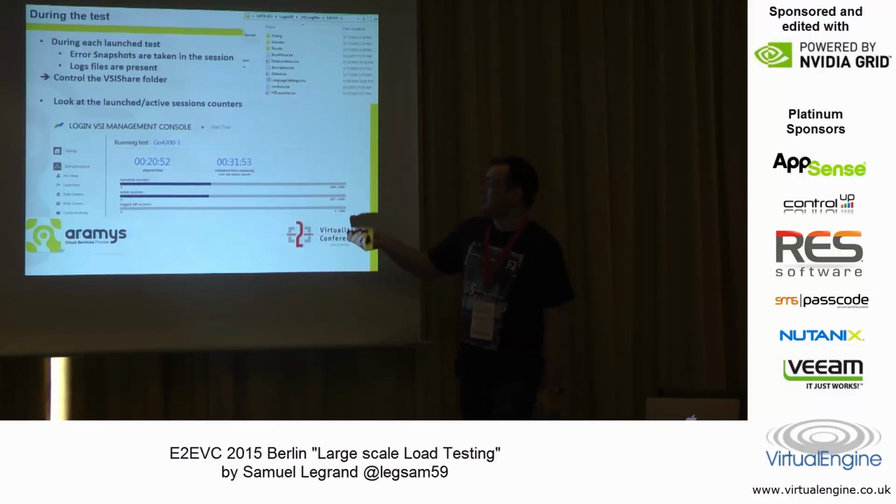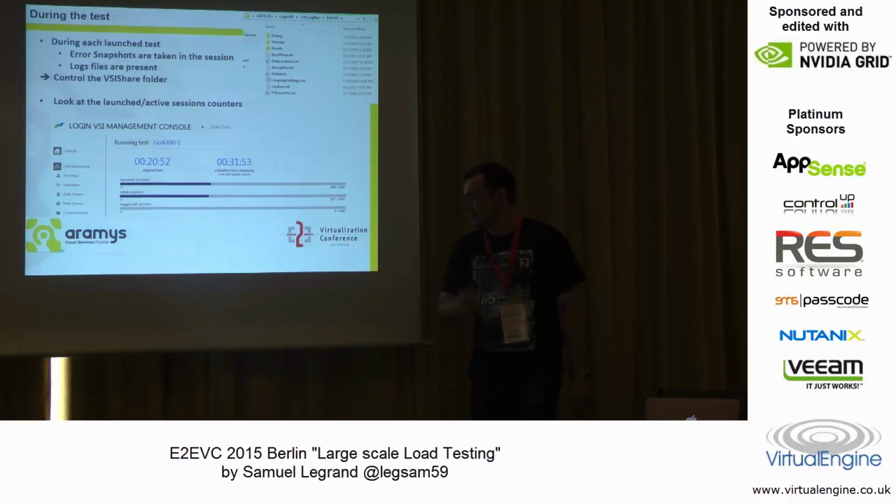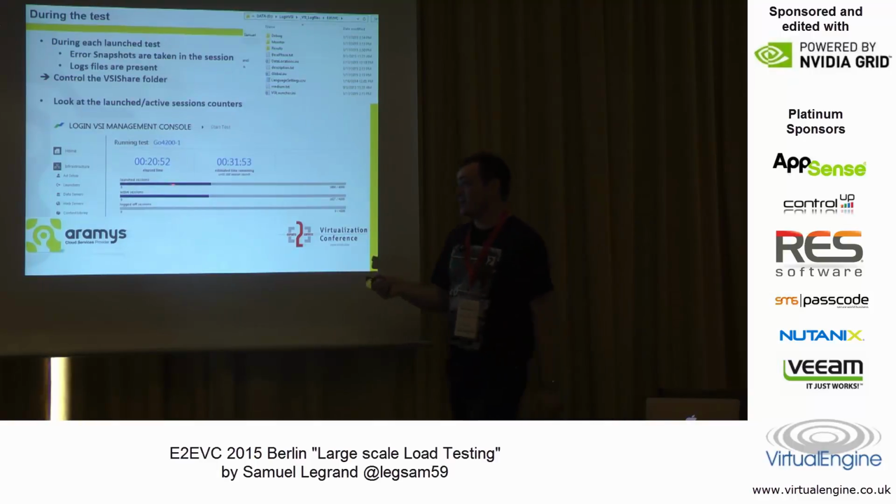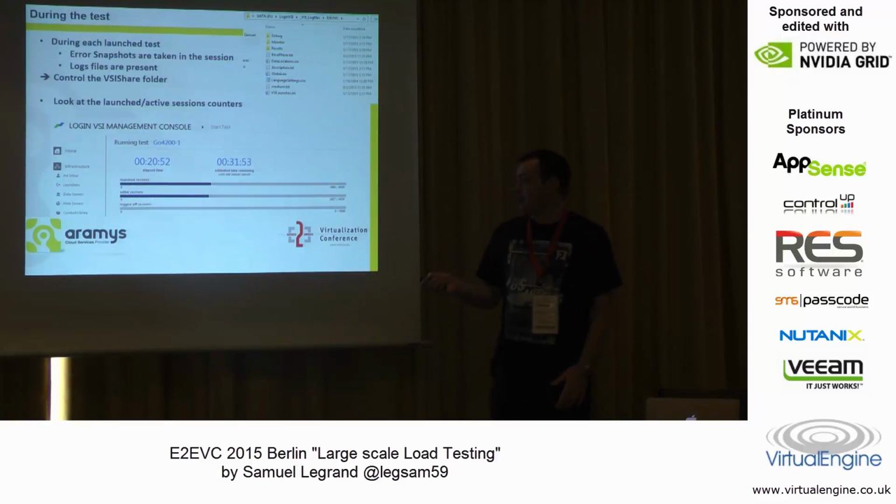So here is a test for 4,200 users. Here is 1664 users launched and 1627 active sessions. The difference between the two values is that one is the number of sessions launched from the launcher, and the other is the sessions on which the LoginVSI executable is running.